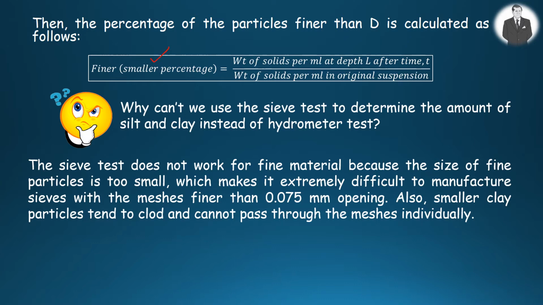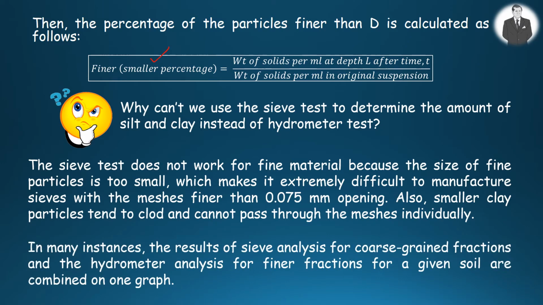In addition, smaller clay particles tend to clog and cannot pass through the meshes individually. After all, the results of the sieve analysis and the hydrometer analysis are combined on one graph to present the particle size distribution curve for a given soil mass.